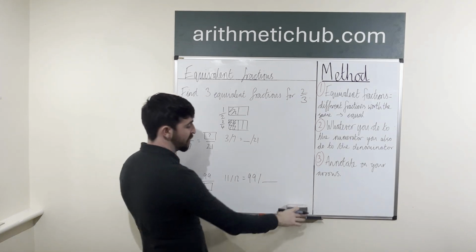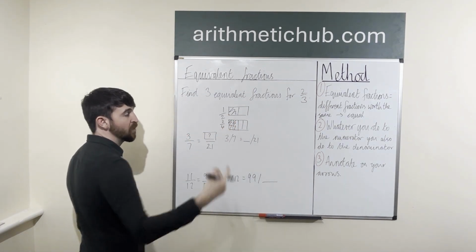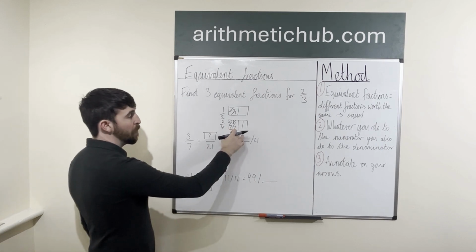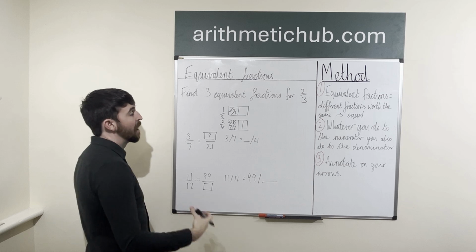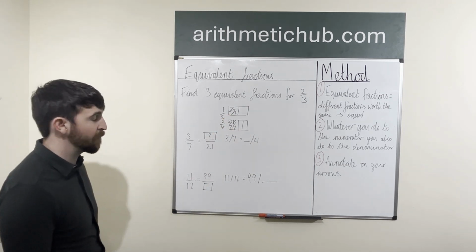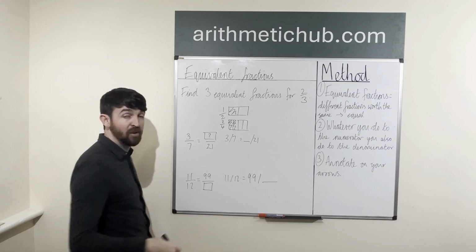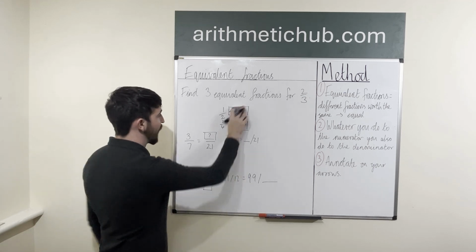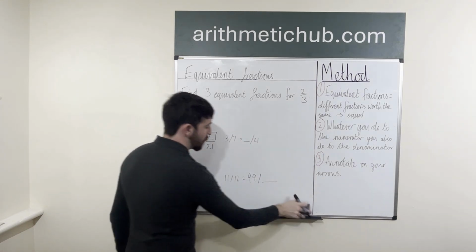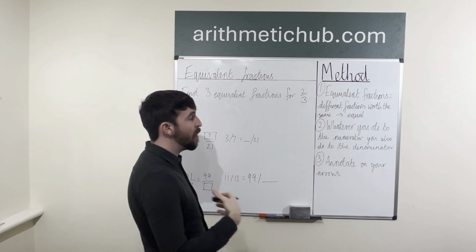So they're equivalent fractions, they're equal, they're worth the same, just this one is 1/2 and this one is 2 quarters. So you've got 2 parts when it's split into more parts, and here you've got 1 part where it's split into fewer parts, okay? Split into 2 parts, you've got 1 of them, split into 4 parts and you've got 2 of them. Either way, you've got the same amount. So, equivalent fractions, different fractions that are worth the same, they are equal.